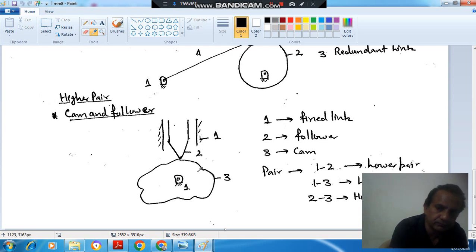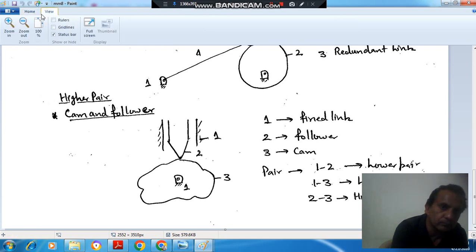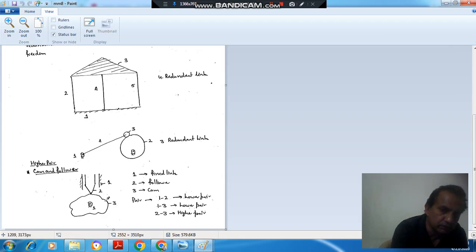So 1 3 is a lower pair, 2 1 is a lower pair, and 2 3 is a higher pair. 1 2 is a lower pair because they have sliding contact or surface contact. 2 3 is a higher pair because they have point contact. 3 1 is again a lower pair because 3 is rotating about 1, so it will have surface contact. So here we have 2 lower pairs and 1 higher pair.